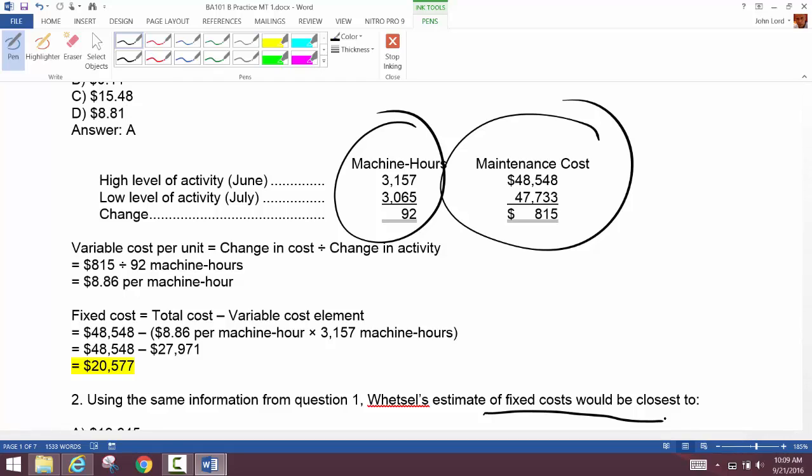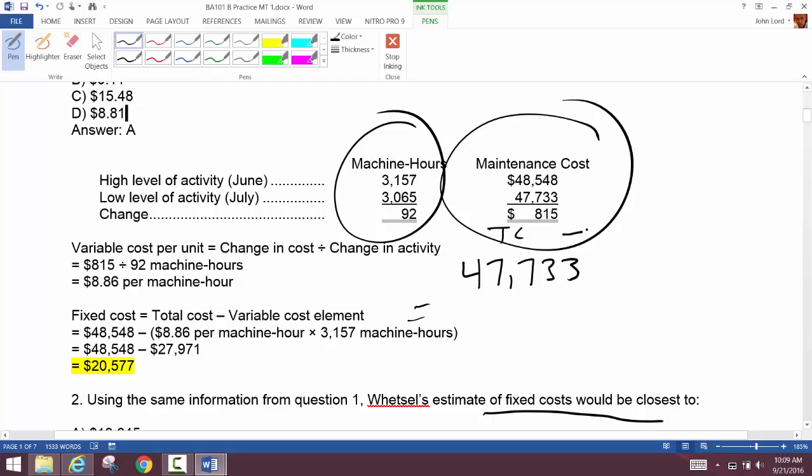Since the solution here used the high, how about if we use the low? We'll go on the down low with this. So we're going to pick up what? Total cost at low is what? 47,733. That's the total cost.